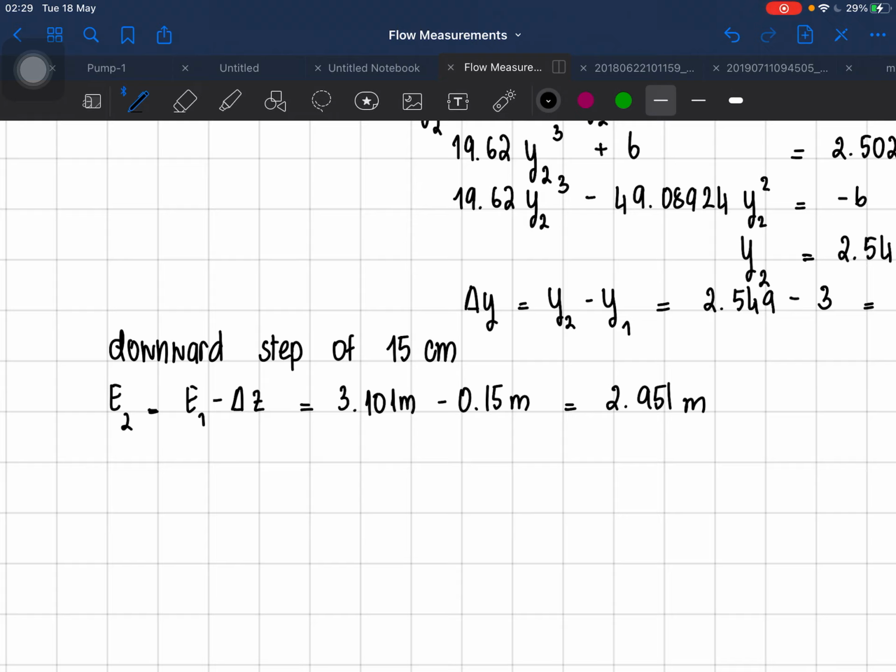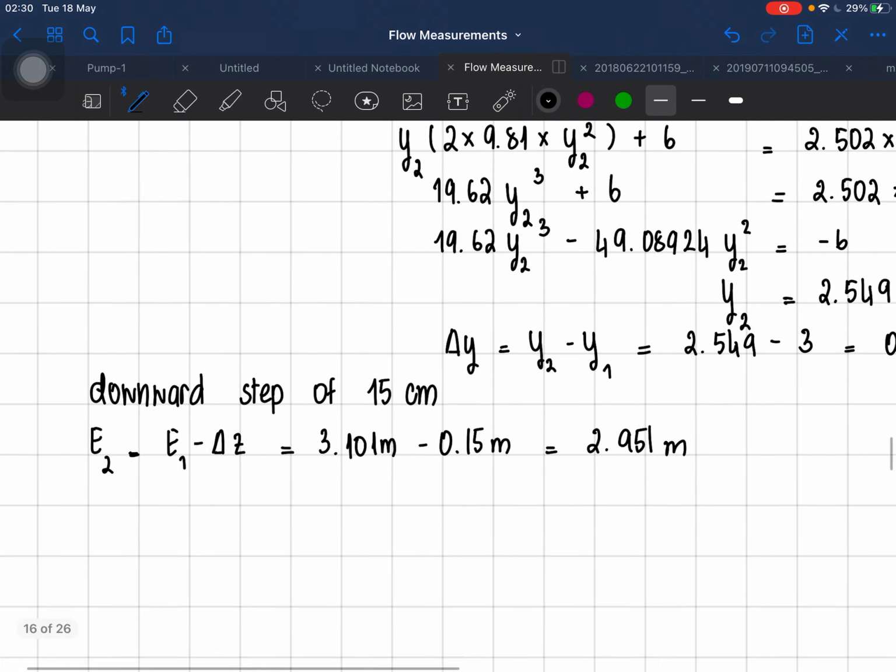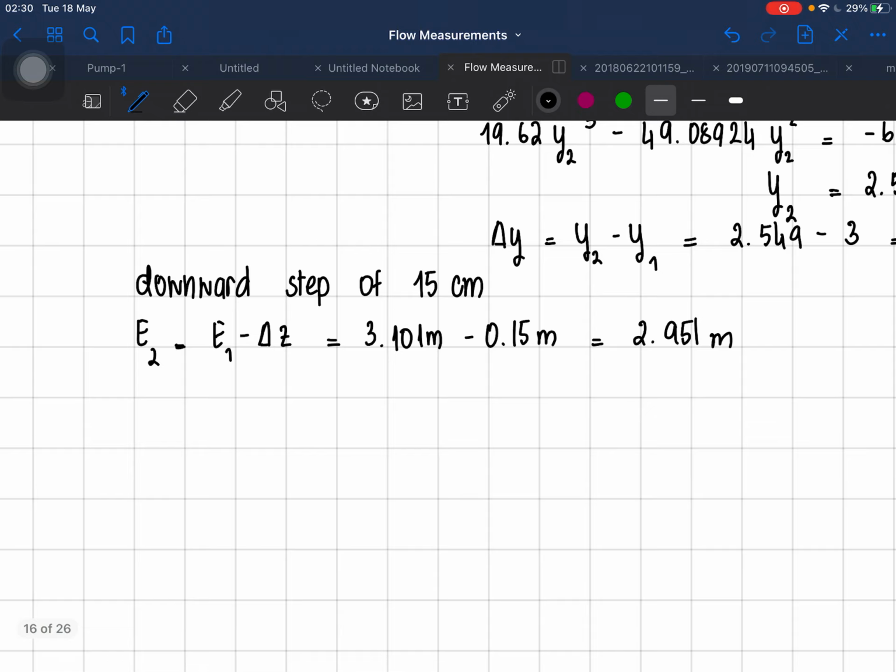Okay, so now let's substitute it like the one earlier. E2 equals y2 plus q squared over 2g y2 squared.